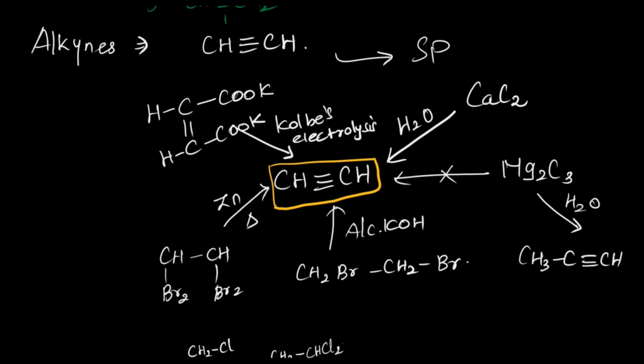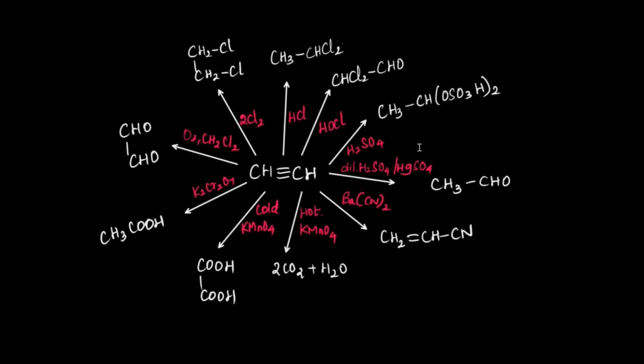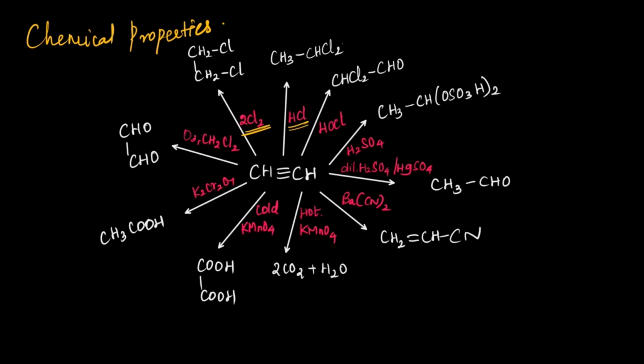So what about its properties? What about its chemical reactions? As you can see, Cl2 can react with acetylene to give CHCl2, CHCl2, and then if I am adding HCl, it will get added up to 2 moles of HCl, meaning I will get CH3CHCl2, which follows the addition process.